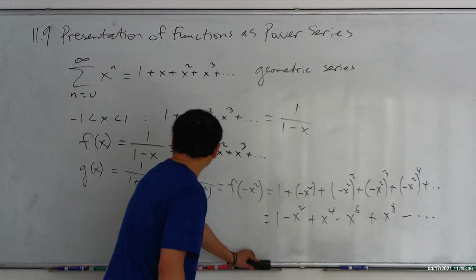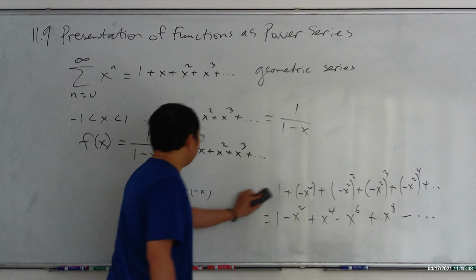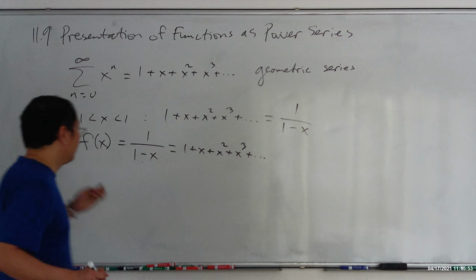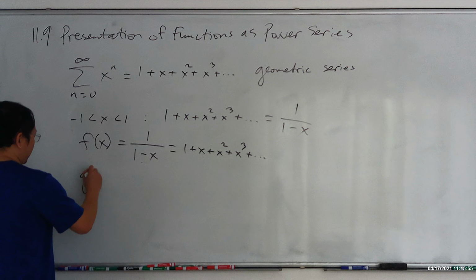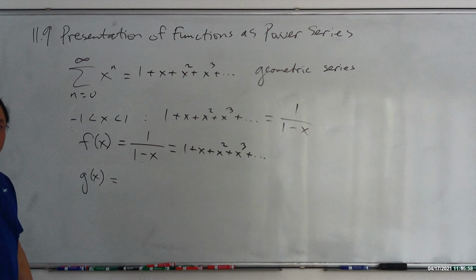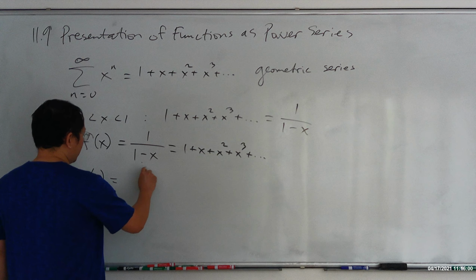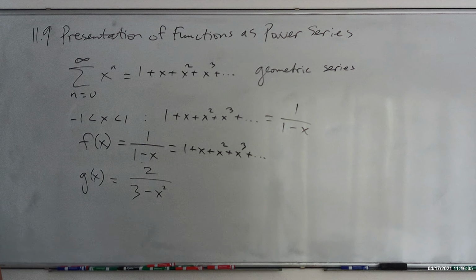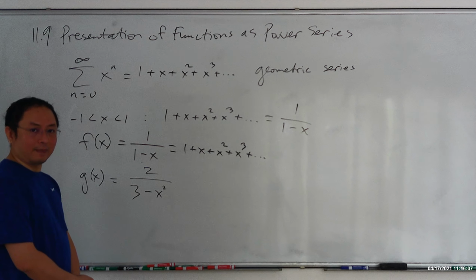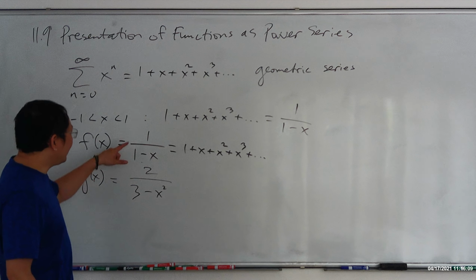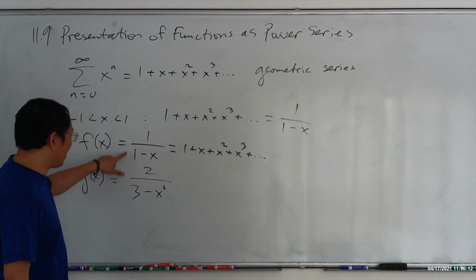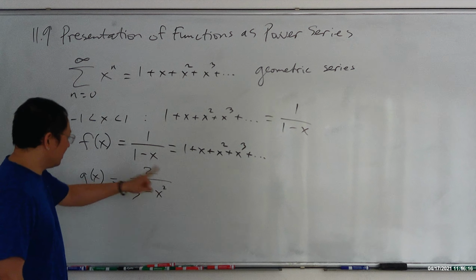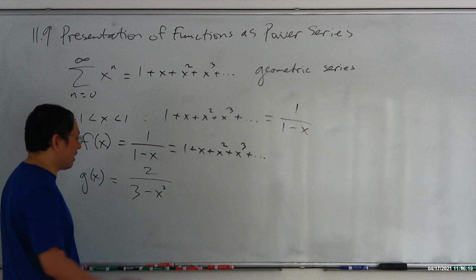Okay, I see one. g of x equal to 2 over 3 minus x squared, for example. Okay, so it kind of looks like this. It's not quite, but we try to modify it so we make it look like 1 over 1 minus a variable, and of course we can have a constant outside.